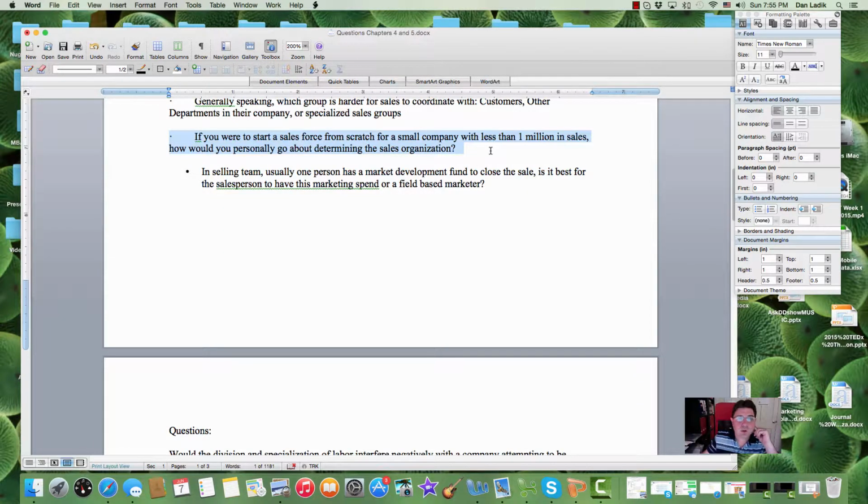If you were to start a sales force from scratch for a small company with less than $1 million in sales, how would you personally go about determining the sales organization? Well, if you have only $1 million in sales, you've got to be careful of your costs.